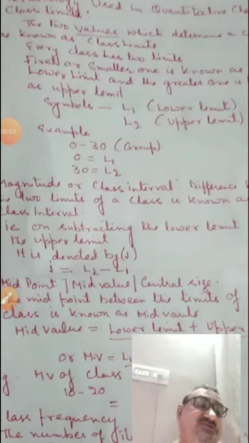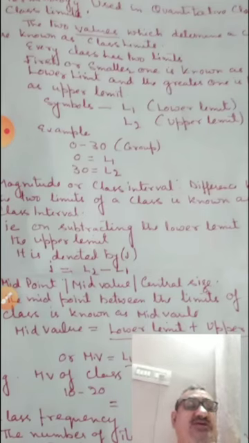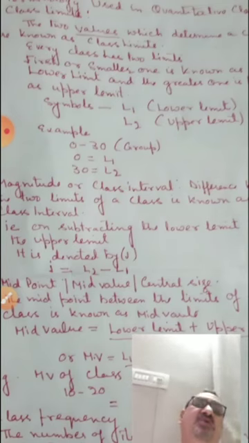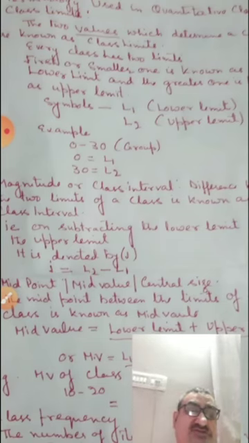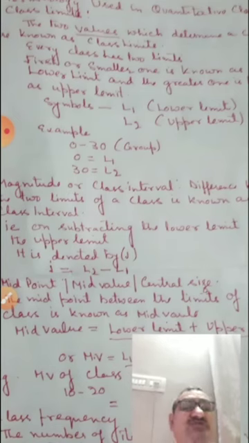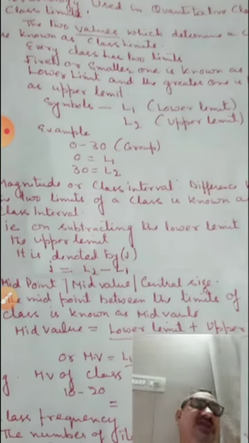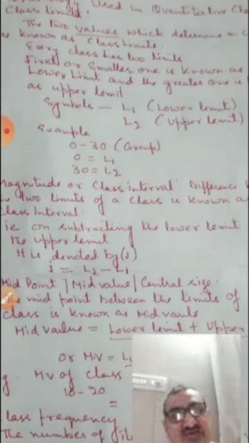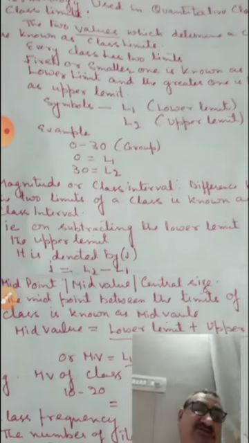Now, dear students, I would like to go to the terminology that is used in quantitative classification. One is class limit. What do we understand by class limits? The two values which determine a class are known as class limits, and each class has two limits.